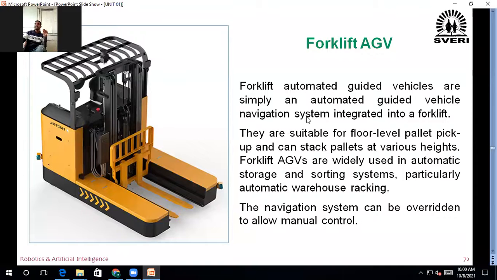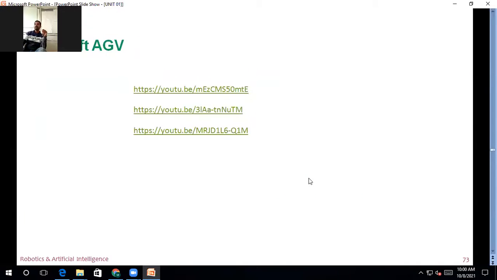Again, forklift AGVs are widely used in automatic storage and sorting systems, particularly automatic warehouse racking. In that case, these are used. This navigation system can be overridden to allow manual control.